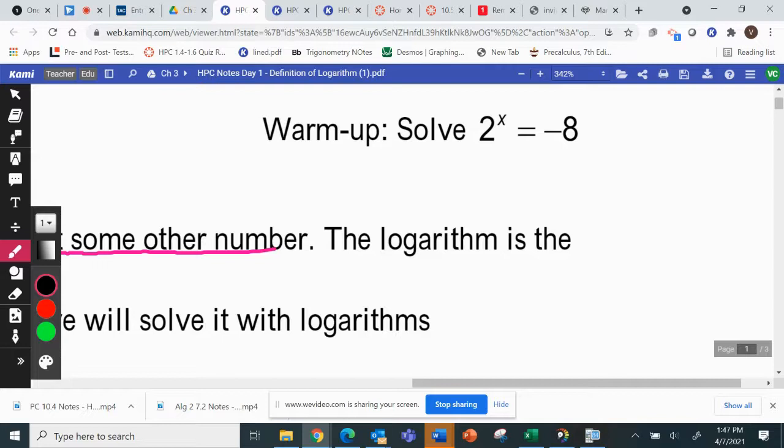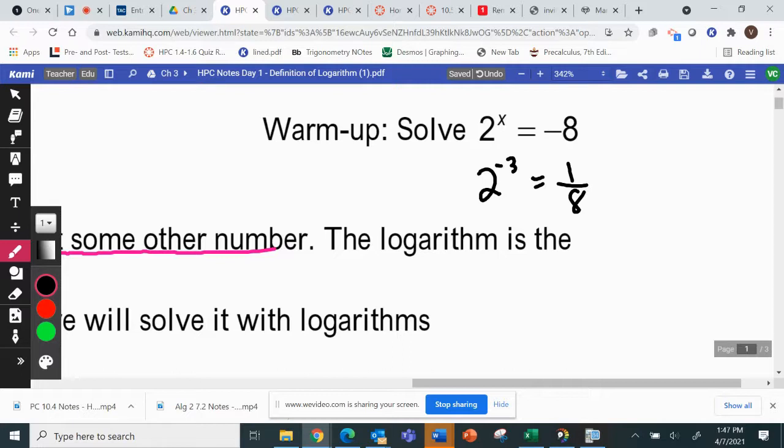Okay, so what does a negative exponent do? It flips it. It makes it into a reciprocal. So this would be 1/8. Not -3. Marie, do you know? Peyton?